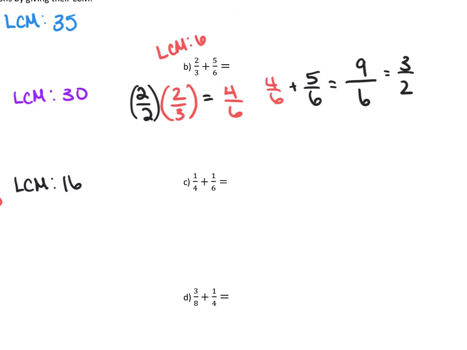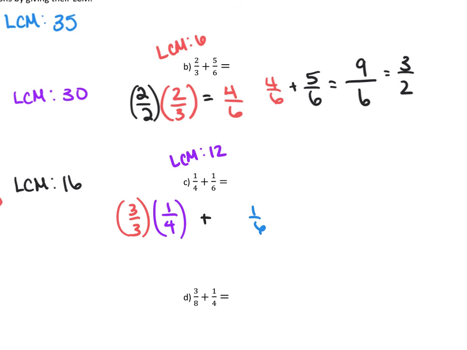1/4 plus 1/6. Again, we want to find their LCM. Well, the LCM between these two denominators is the number 12. So I need to get them both to a 12. 1/4, I need to multiply that by 3 over 3 because I want to multiply the 4 down here to get a 12, so that's a 3. If I do the bottom by 3, I have to do the top by 3. Plus 1/6.